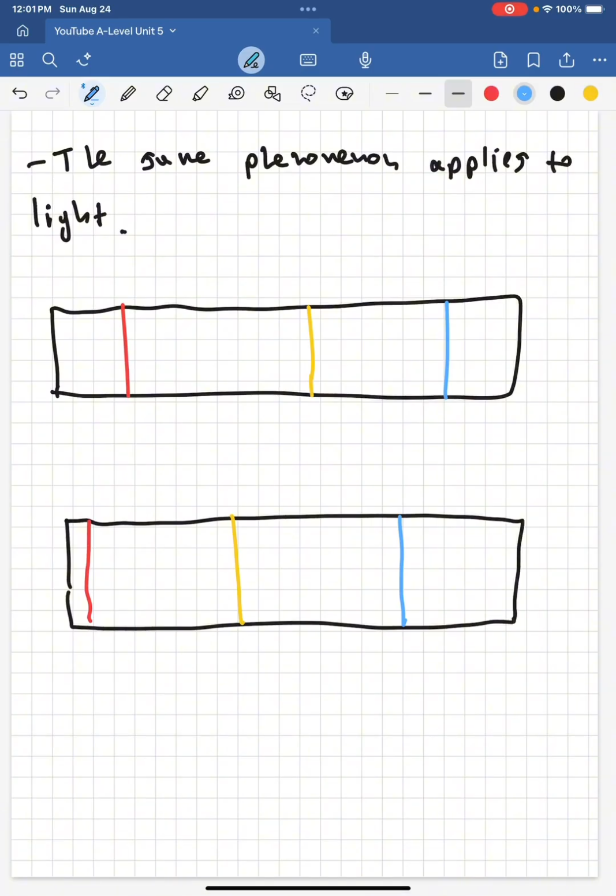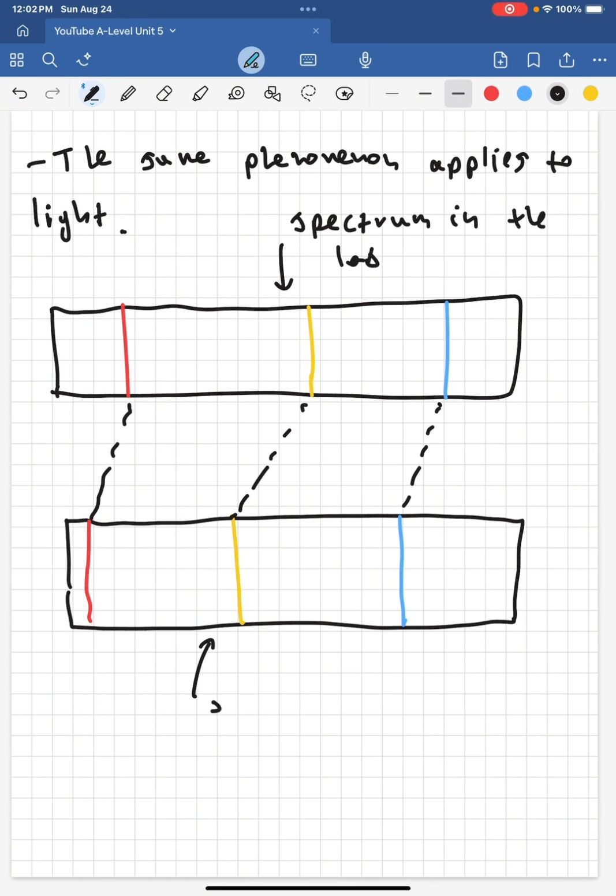So you see how we have a shift towards the red, as they say. That's why it's called redshifted. So this is the spectrum in the lab, and this is the spectrum for a star moving away from us.